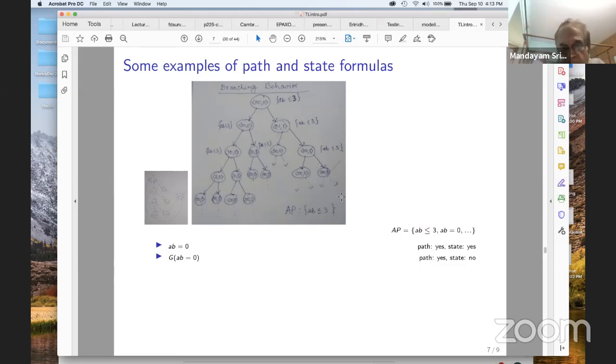Yes, there is this path, and of course another path from here, similarly here from 1, 0, 1, a path on which, starting from there, it is continuously true.